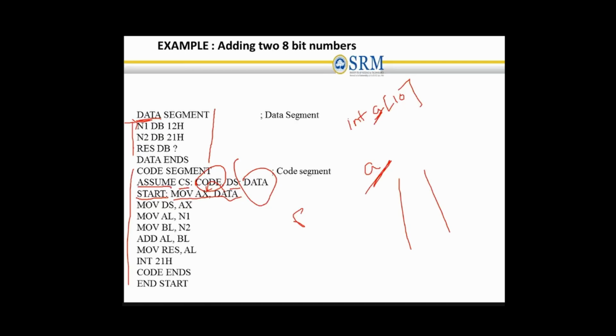After that you are moving the starting address to AX, and then the AX value to the data segment register. When I give this, the data segment register will point to the data segment area. After these two statements only, I can move N1, which is declared here, to AL, then N2 to BL, and then add these two registers. And then the result I am moving to the result variable. That's it.